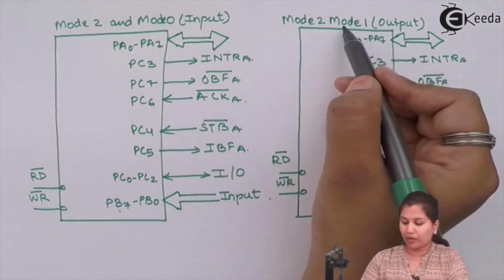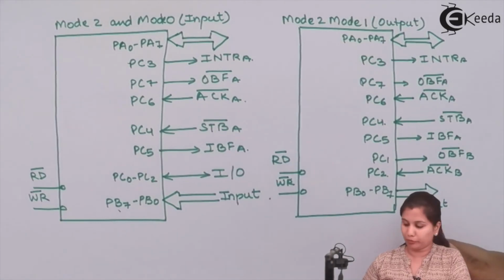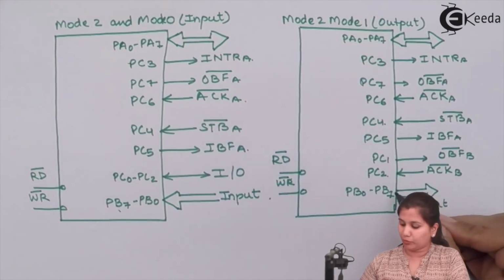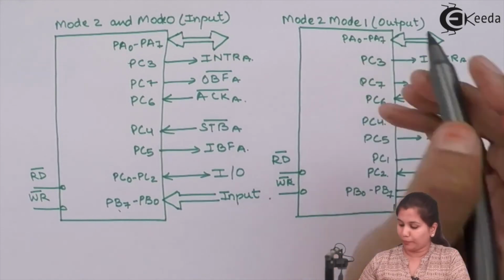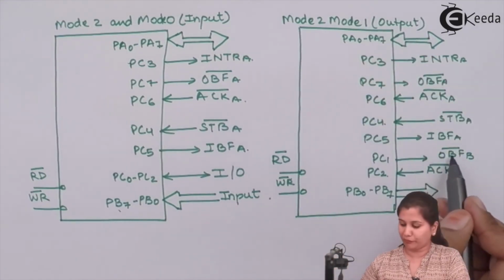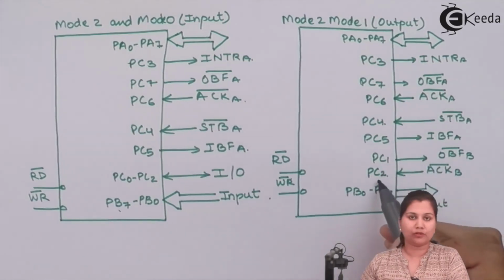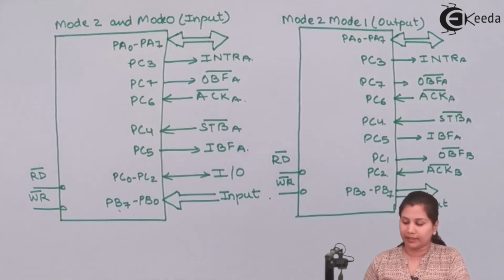Now in mode 1, because it's an output mode, port B will have two handshake signals, OBF, that is output buffer full, and the acknowledgement, and it will use PC1 and PC2 lines of port C.